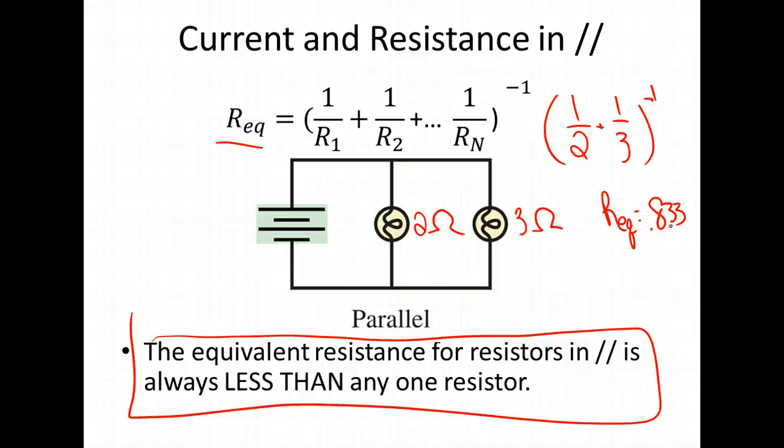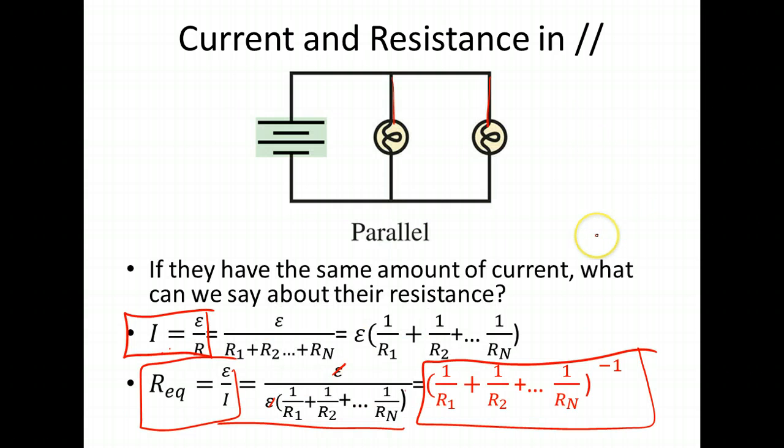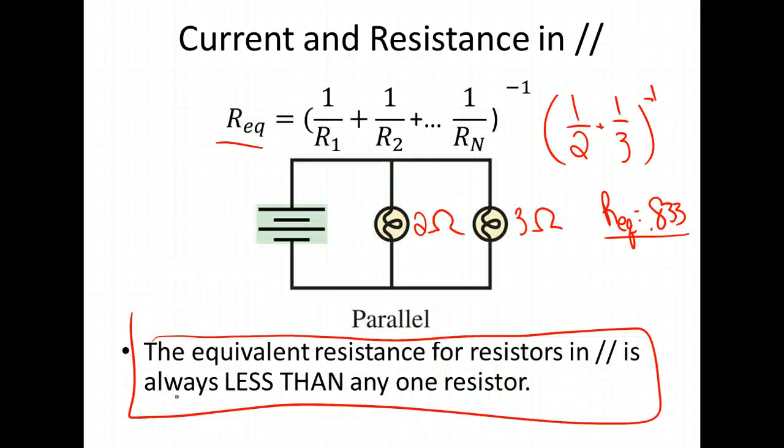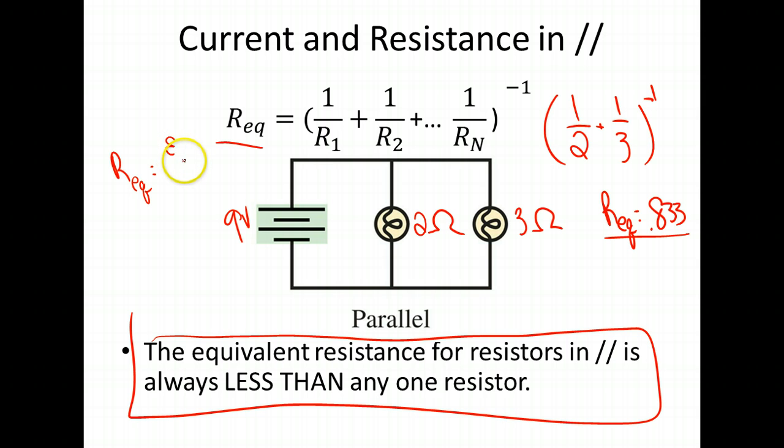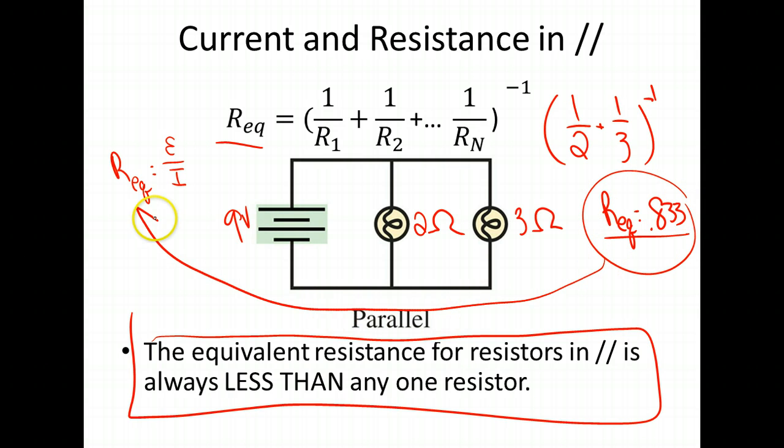If I take this and plug it back in here, R equivalent is equal to the electromotive force over I. Let's say I have a 9-volt battery, and I know that R equivalent is delta V over I. What is the current in that system? What is the 9 volts?